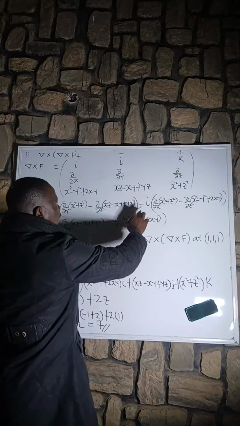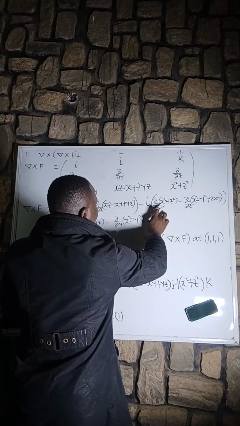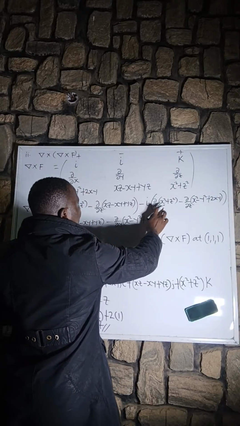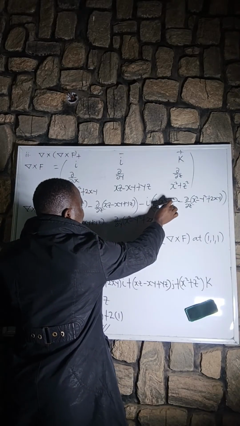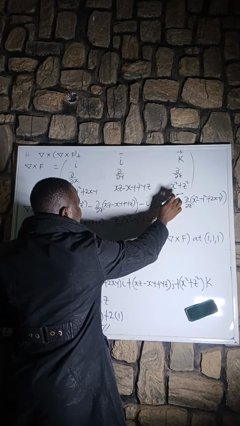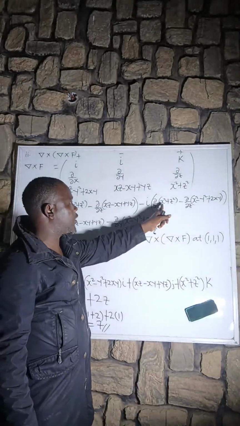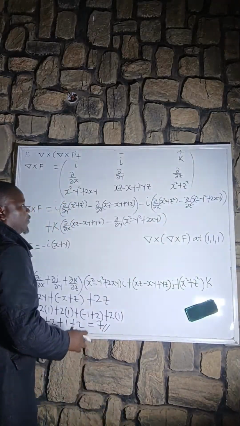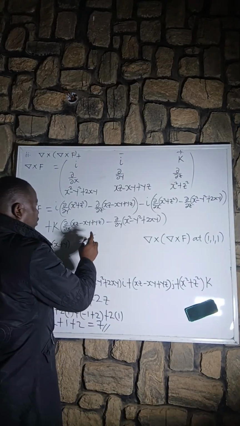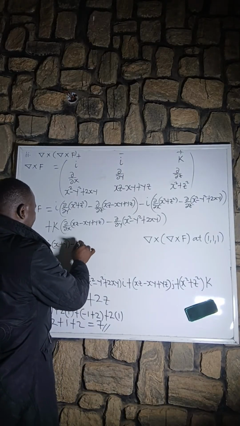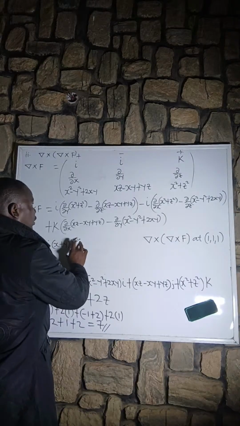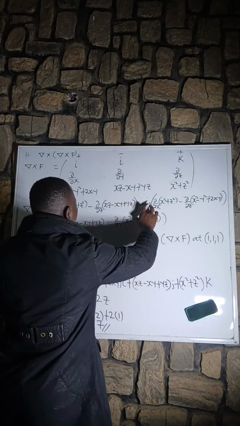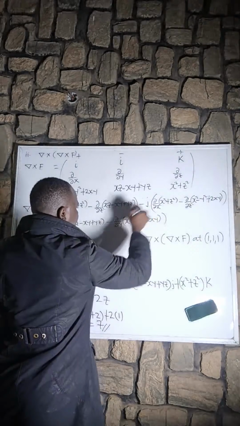Then minus j, right? Differentiate this with respect to x. When you differentiate this with respect to x, here will be 0, because there is no x. So here we are going to have 2. Minus j. Oh, sorry, this is j, not i. Please take note.